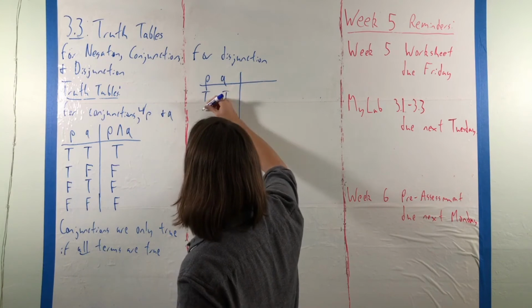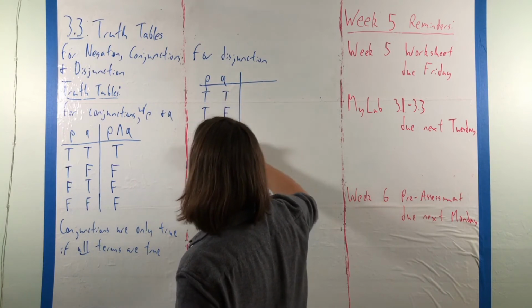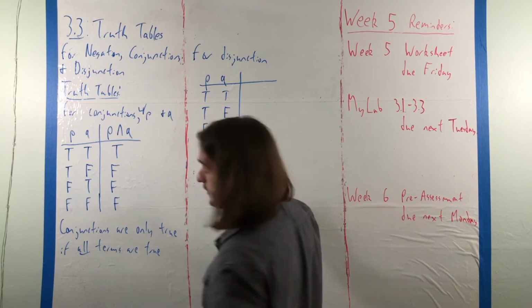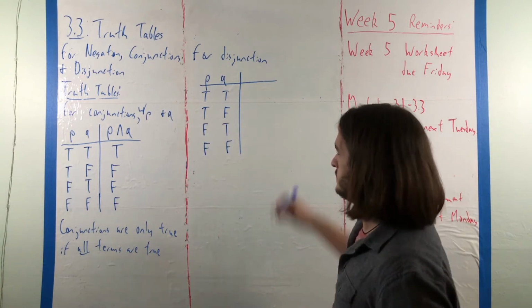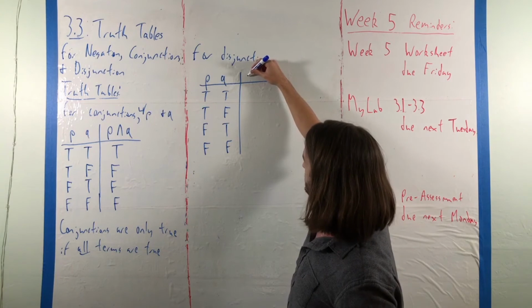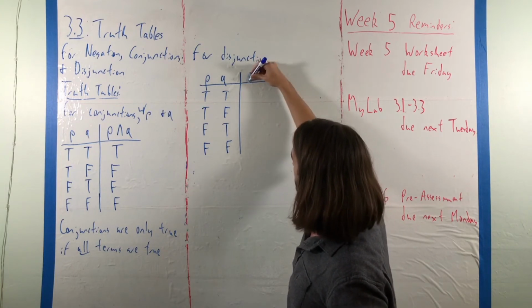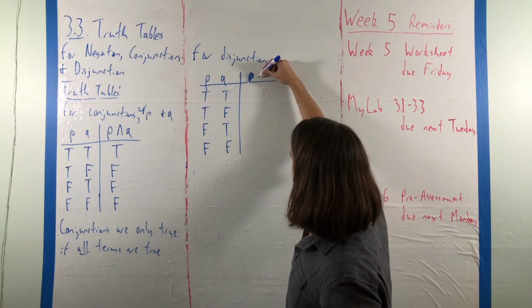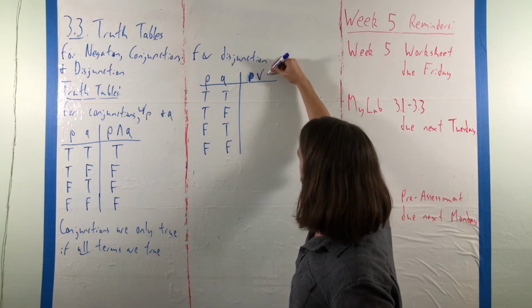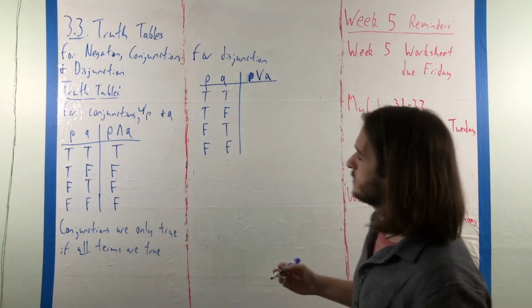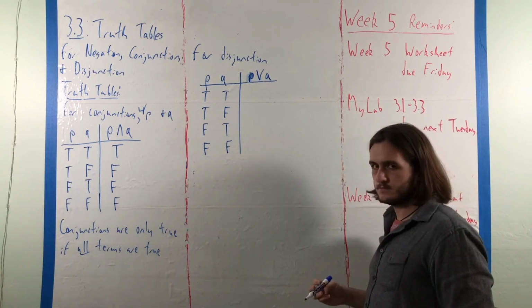Either both are true, first is true and second is false, first is false and second is true, or both are false. Then, for our second column, we have our disjunction, P or Q. And in this case, we're looking at whether either of them is true.